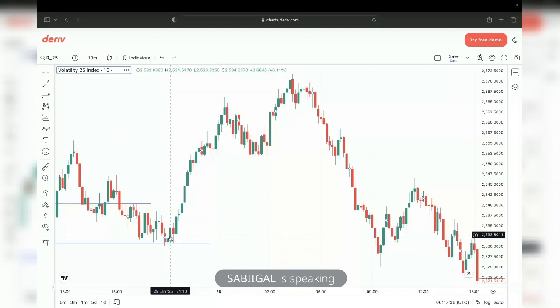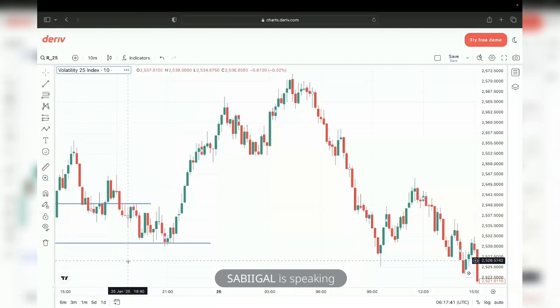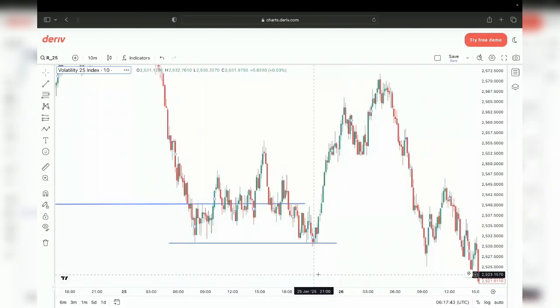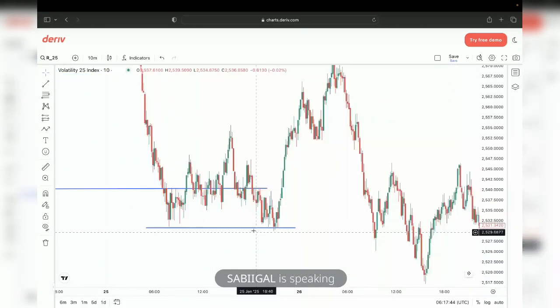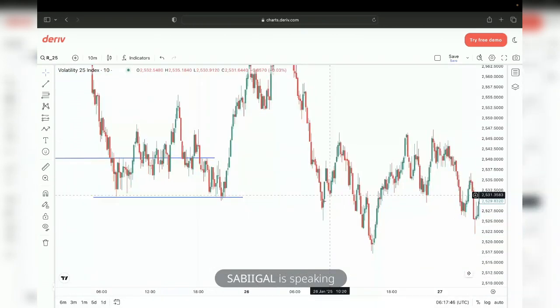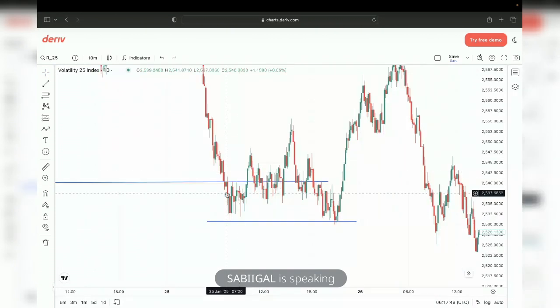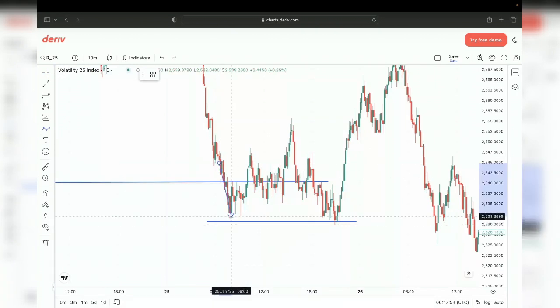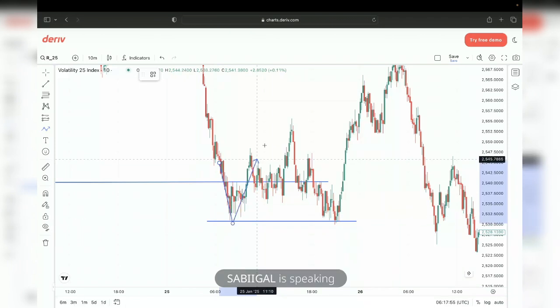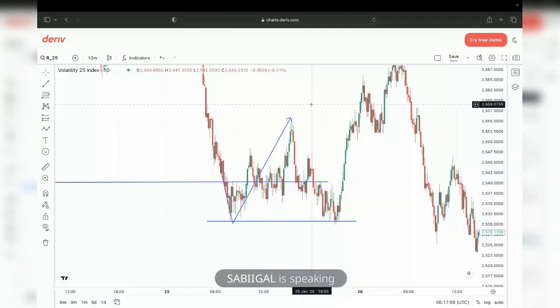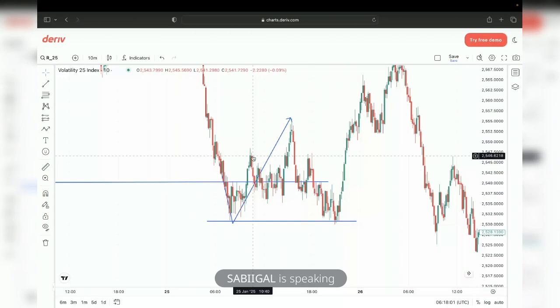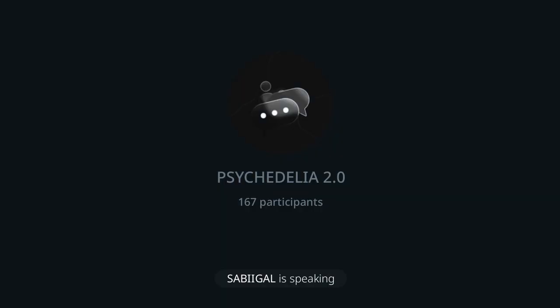Then your SL also has to be below the protected low, just like that. This is the high here, this is where it goes to. This is where the demand was taken out, I think, externally.